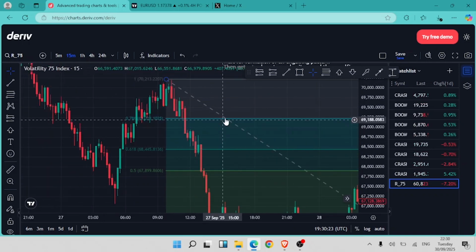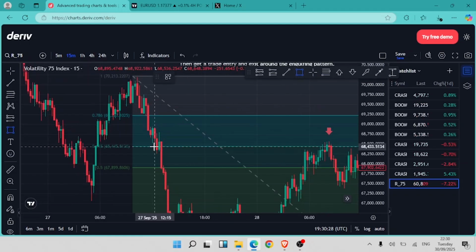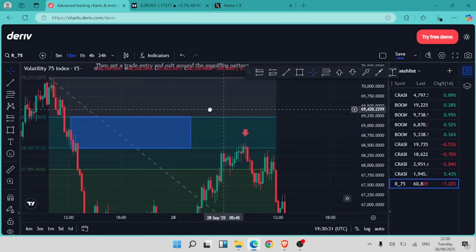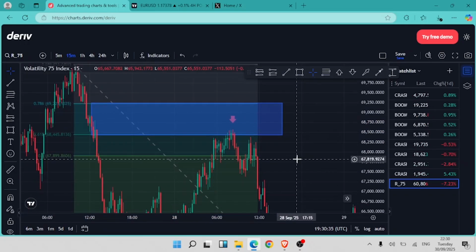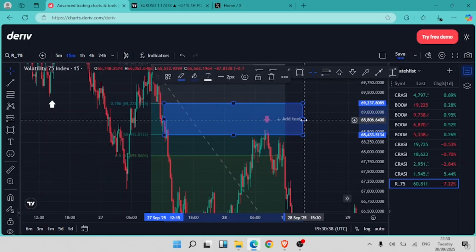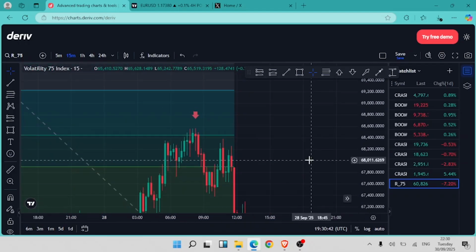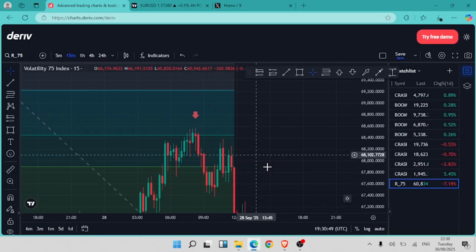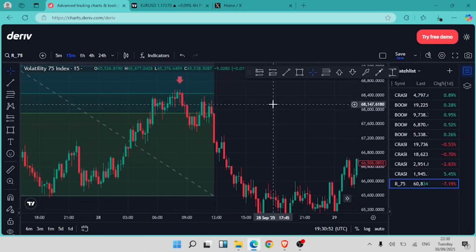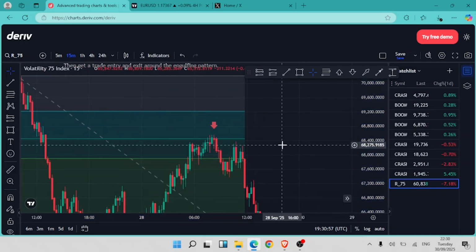So this zone right here is where we want price to react off from and give us an engulfing pattern from it. So you can see that is what we have, and if that is bound to happen, then we are expecting that an engulfing pattern will form out of this zone and then give us sell ideas. And that is why I have this arrow here to show us how you could engage.